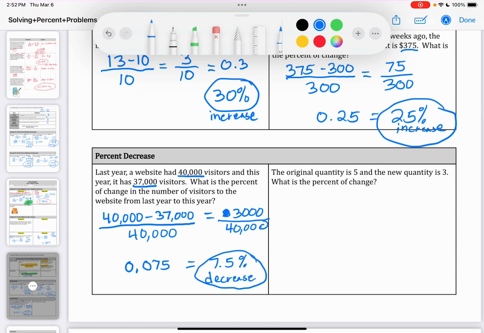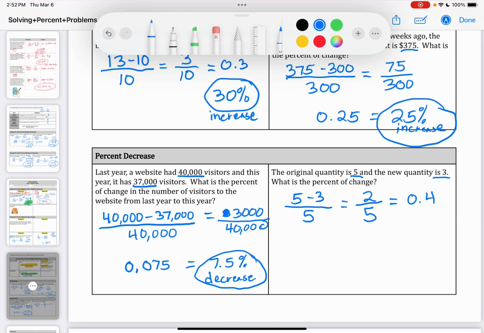All right, the next one. The original quantity is 5 and the new quantity is 3. What is the percent of change? So 5 minus 3 divided by the original amount. So that gives me 2 over 5, which 2/5 is 4/10, 0.4.